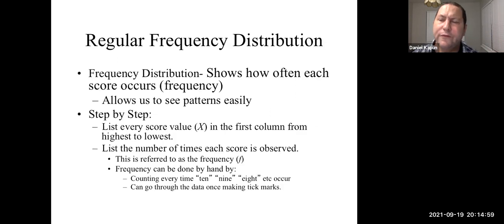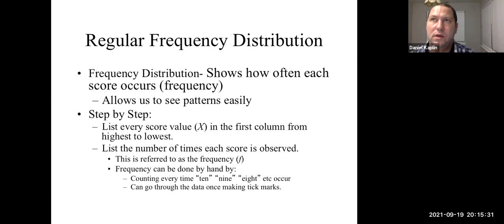So we have a frequency distribution, and the way we do this is we list all the numbers from highest number to lowest number. So in the case of stress ratings, the first number up would be 10, and you do 10, 9, 8, 7, 6, 5, 4, 3, 2, 1, 0, and that would be in the X column.